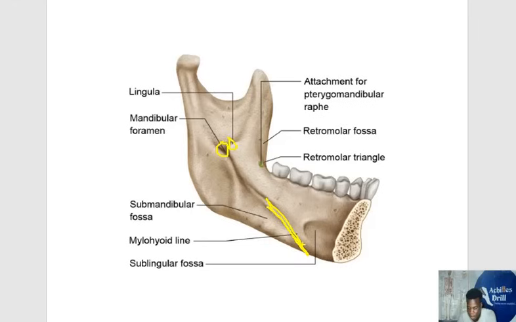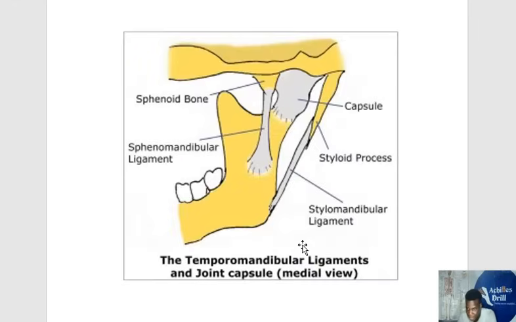Let me show you now a picture showing the attachments to this region. The first one is the lingula. The lingula is an attachment point for the sphenomandibular ligament. So if the lingula is painted, they will just ask you what it is, lingula of course, or what is attaching to it, the sphenomandibular ligament.